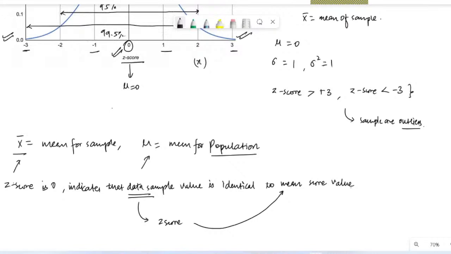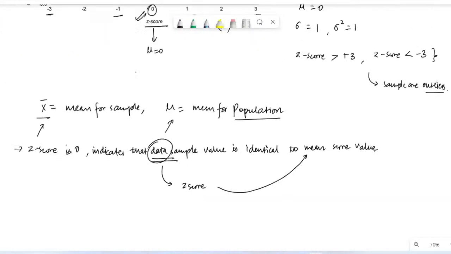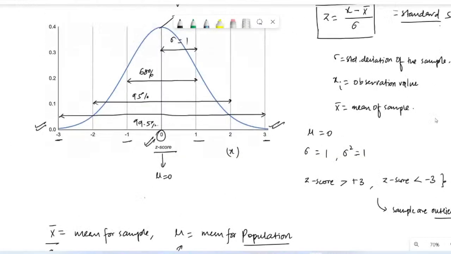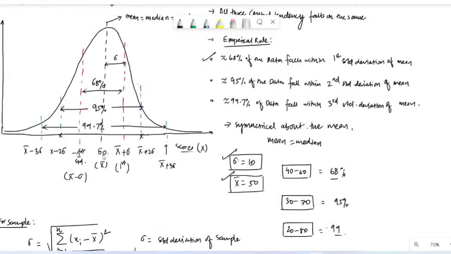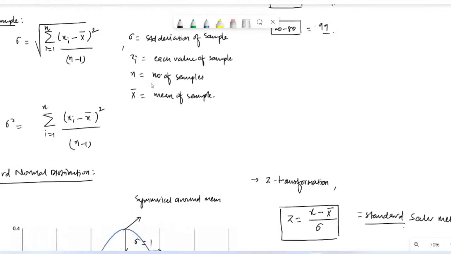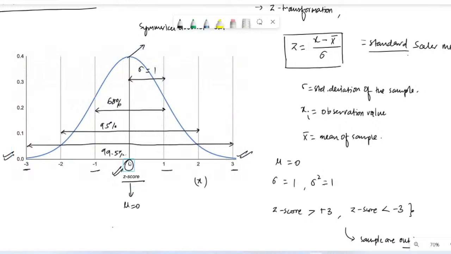So imagine here what happened. In simple terms, it means that for the value 50, when we calculated the z-score for x equals 50, this is your mean value, and that same value has the z-score as 0.